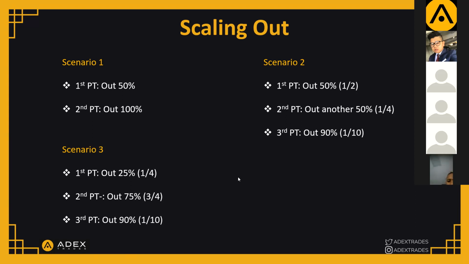And so I'll be out 25% of the play during the first leg. Then because I'm more confident that there's going to be 2 legs, I'm out the majority of the position during the second leg. And then I'm out 90% of the position if it gives me a third price target. Remember, scenario 3s are the early in the week scenarios, and the longer term type of plays where it's like, oh yeah, this one got magnitude.